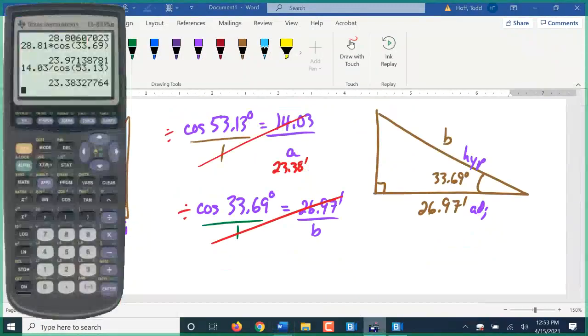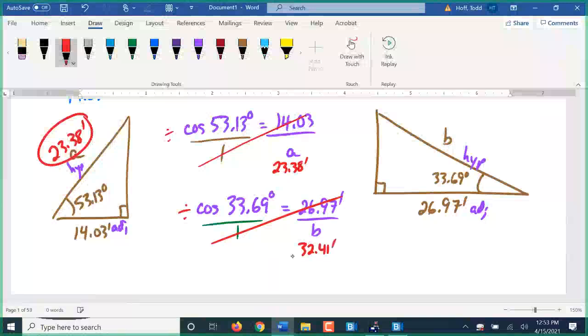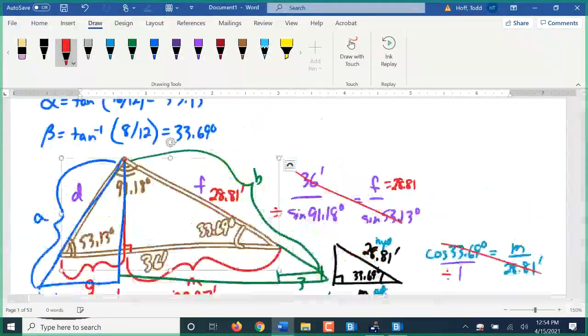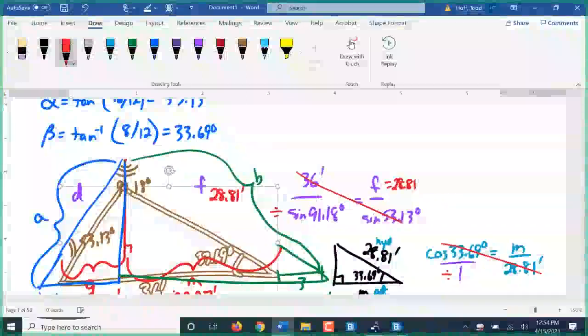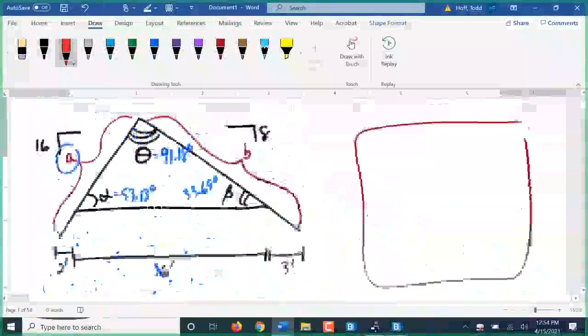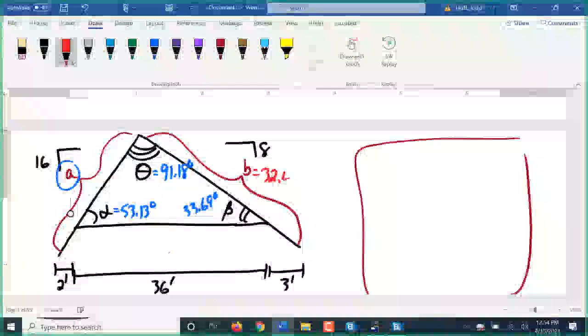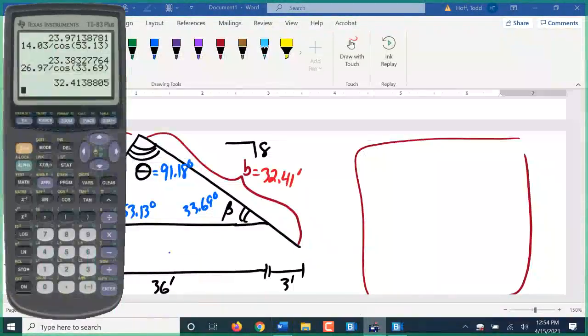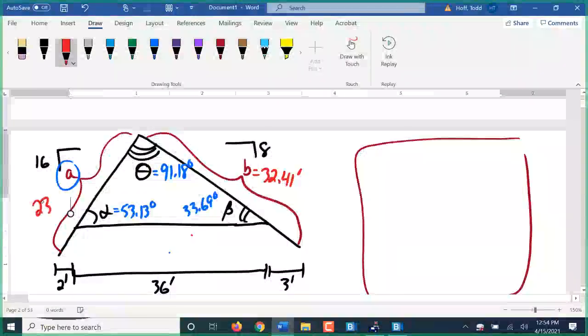So 1 times 26.97 is just 26.97, divided by the cosine of 33.69 degrees gives us 32.41 feet. There's B, 32.41 feet. So that's 32.41 feet. This is 23.38 over here.